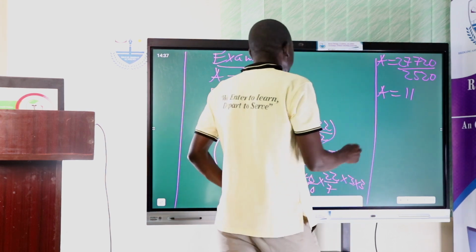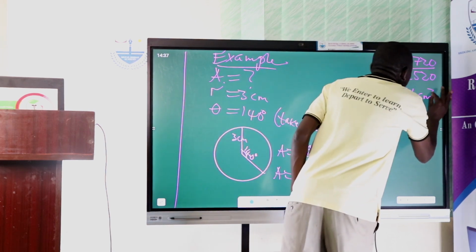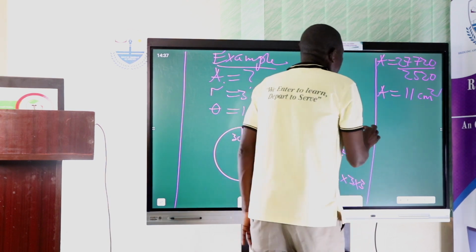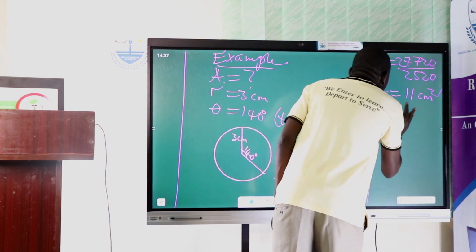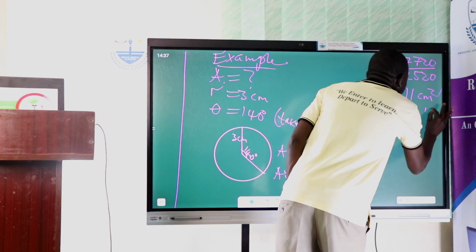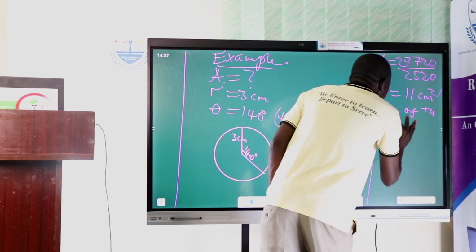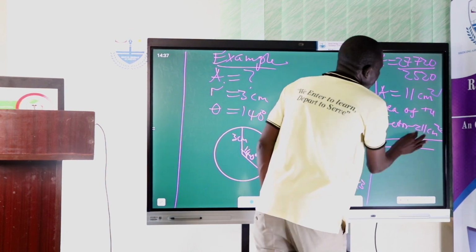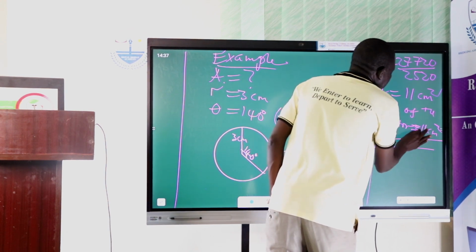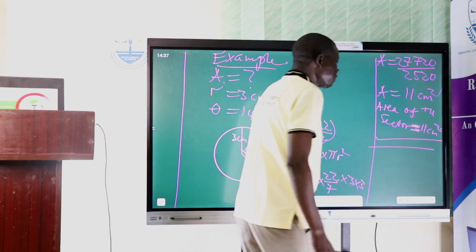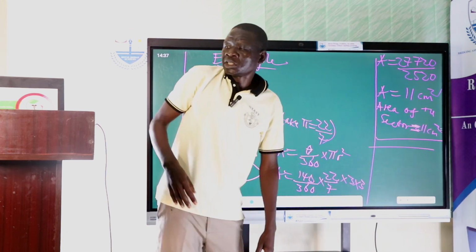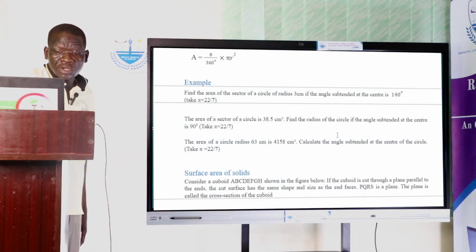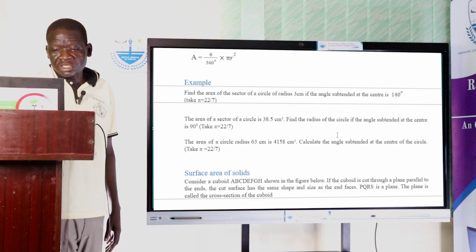The units will be centimeters squared. So therefore, the area of the sector is equal to 11 centimeters squared. That's how we calculate the area of the sector.